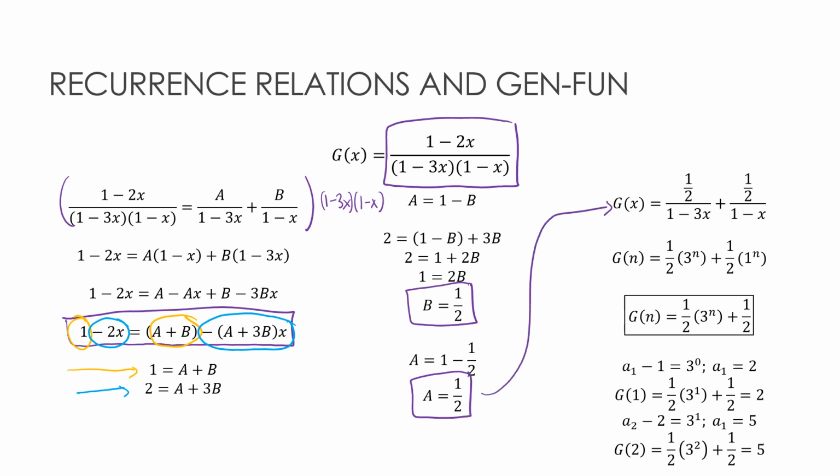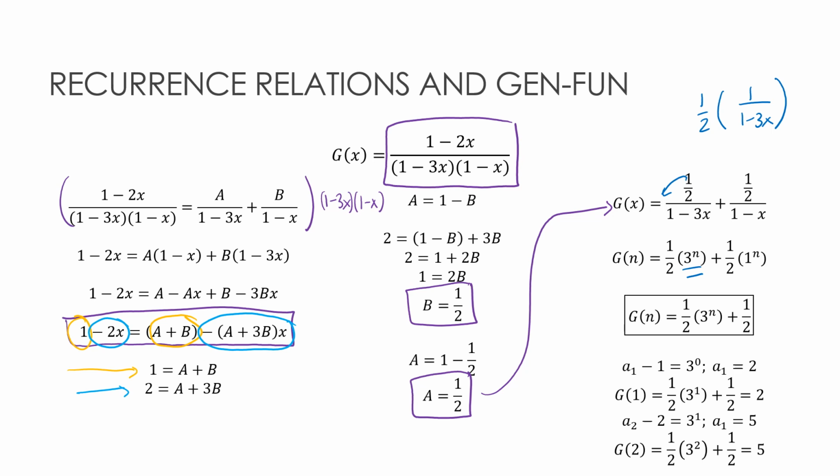Plug that back into my generating function. Just as I did before, I'm looking at how can I replace, if I move this 1/2 to the outside, this is 1/2 times 1 over 1 minus 3x. What is the coefficient that I'm going to get? I'm going to get 3 to the n. Again, go back to section 9.2 if you forget where those came from.